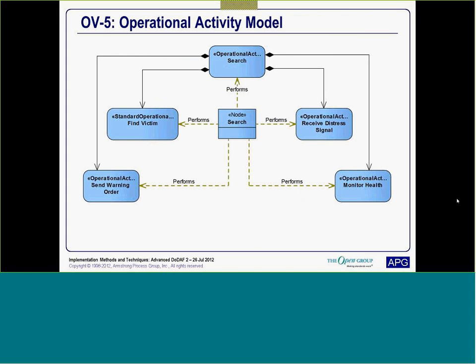OV5 is a description of operations that are typically conducted within or by different nodes. In this, a search operation. So they are related, all of the operations that are conducted by the search node.